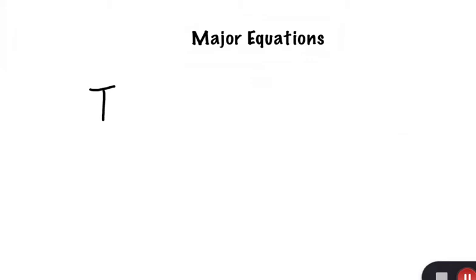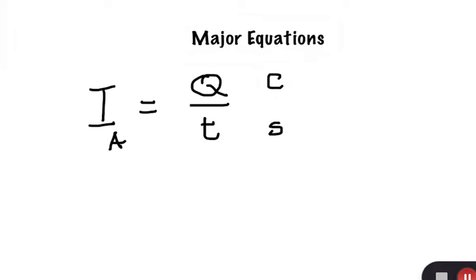Electric current I. Again, the unit for this is amps, A. Electric current is the total amount of charge, so charge is in coulombs, C, passing through a circuit in a given amount of time, which is in seconds. So these are the units, coulombs per second. That's the major equation for electric current.